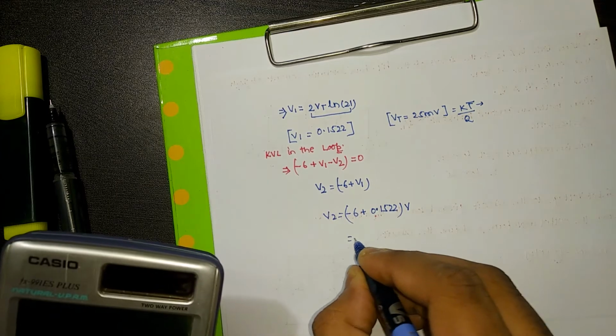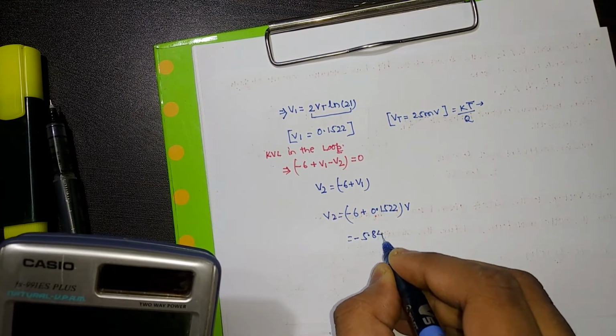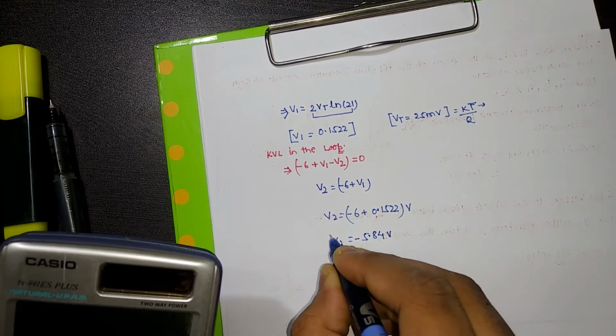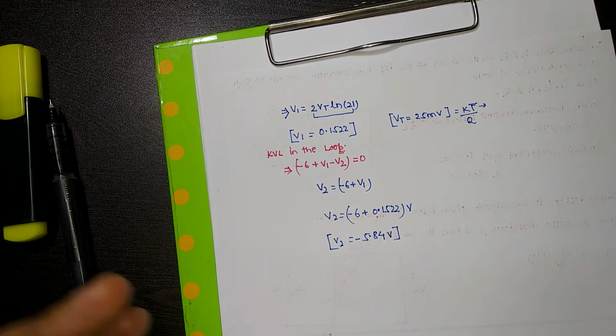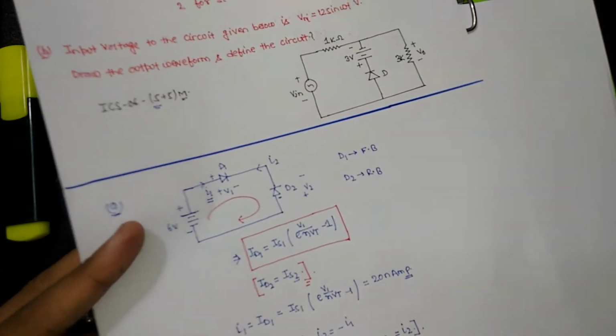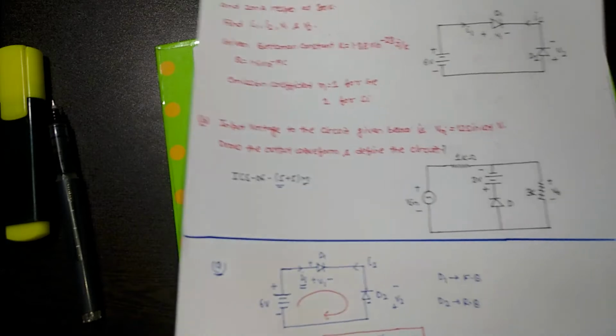So V2 is minus 5.84 volt. You have successfully solved V1 and V2, and you already have the values of ID1, I1 and I2. Okay, so this is the first part of the question.